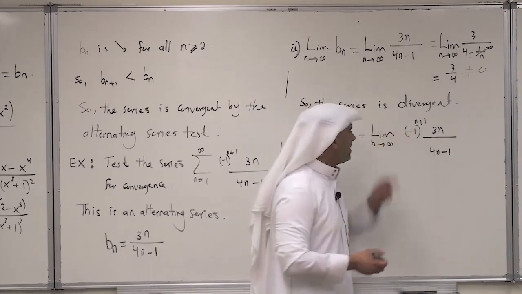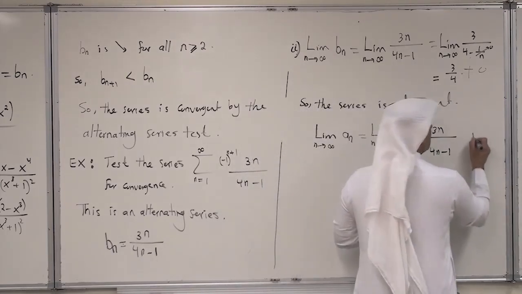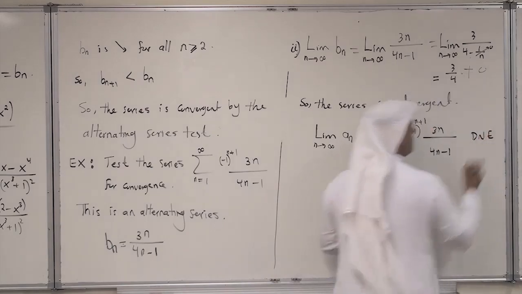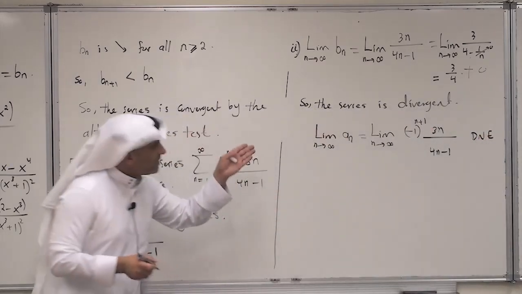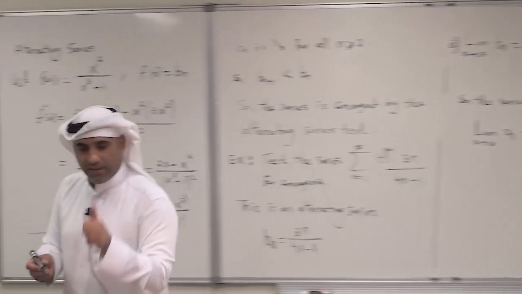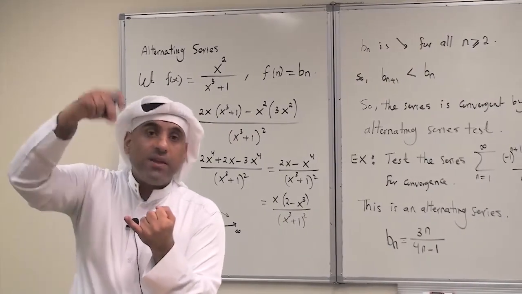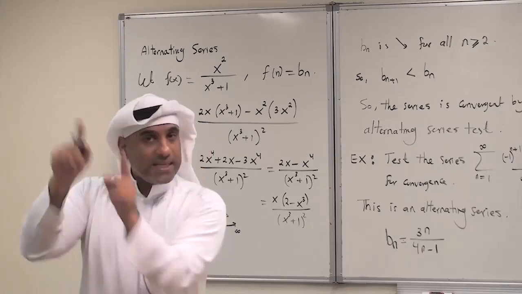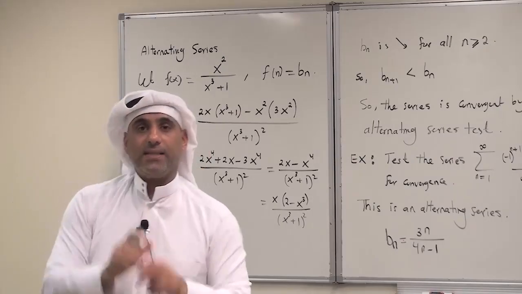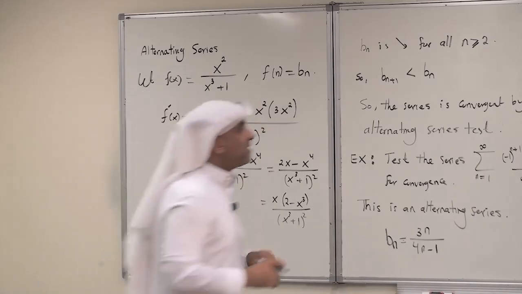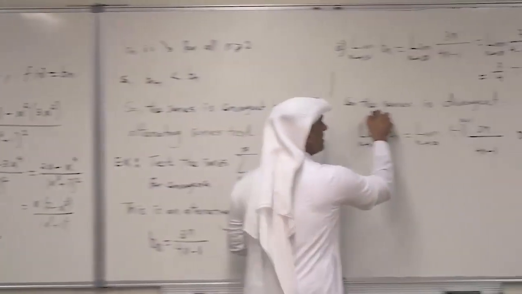So the limit is not equal to 0, or does not exist. We have a very nice test before that says if the limit of the nth term is not equal to 0 or does not exist, the series is divergent. This is the reason here.